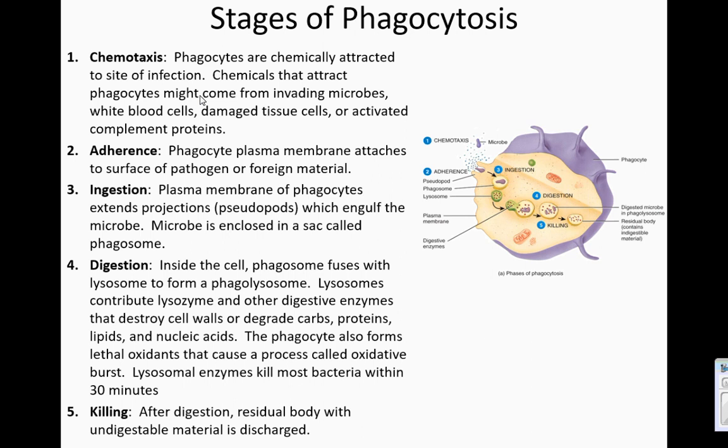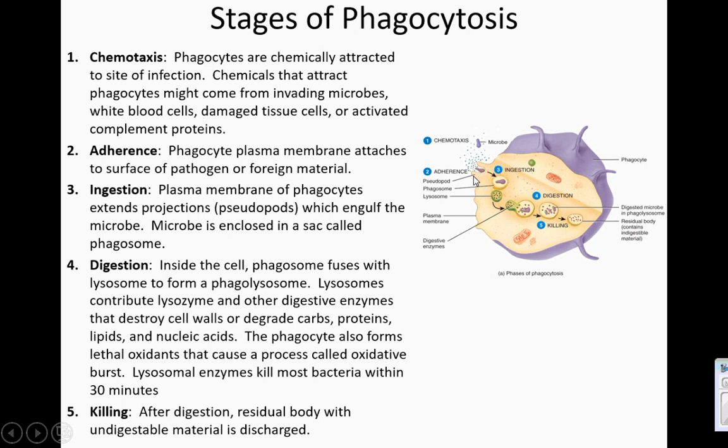Then they adhere. Adherence is where the phagocyte plasma membrane attaches to the surface of the pathogen or foreign material. We can see that here. Basically, it develops these little pseudopods, which are like little mouths that are developing, a lower mouth and an upper mouth, if you will, kind of surrounding the microbe.